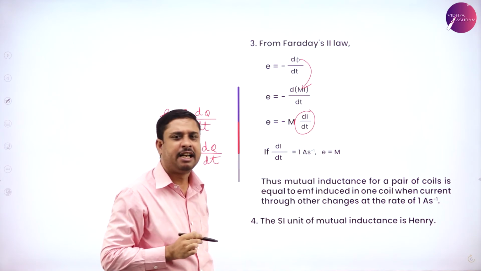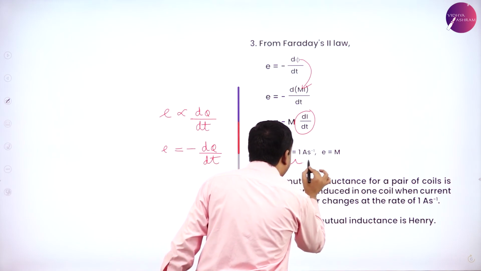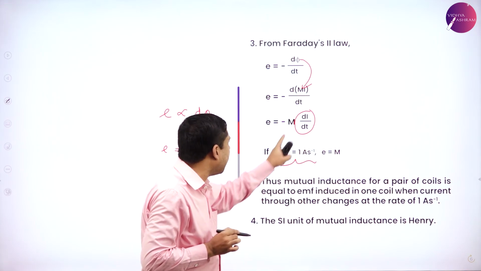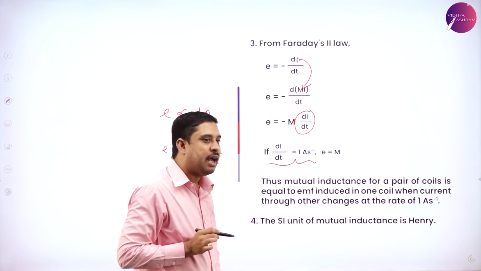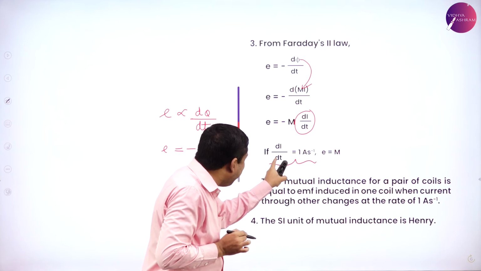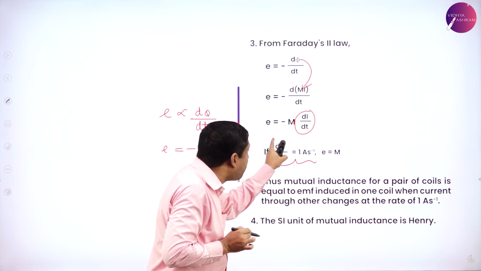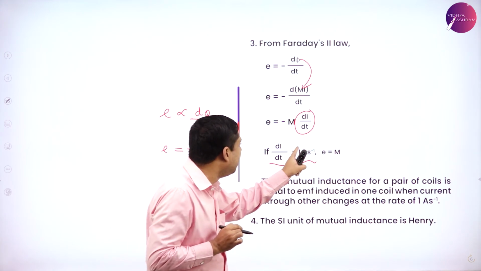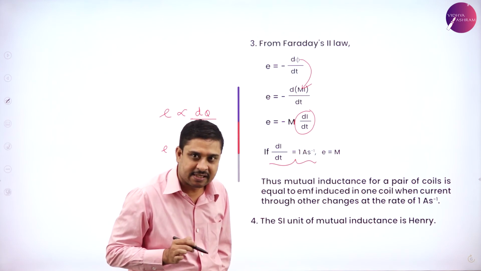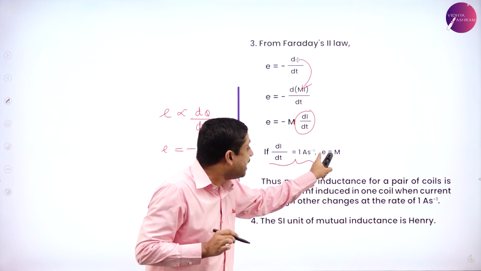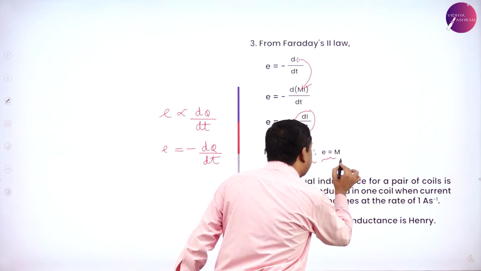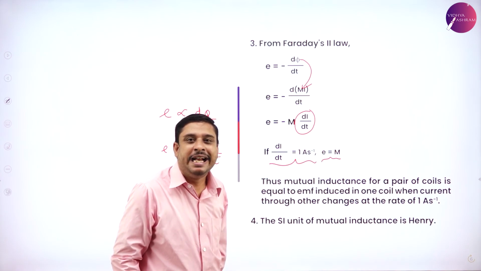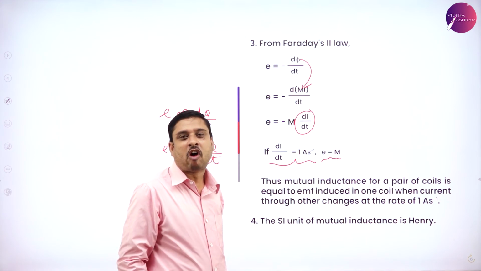Now, as we did earlier, if di by dt, the rate of change of current across the primary coil, is 1 ampere per second, then the EMF induced in the secondary coil is called the mutual inductance between the pair of coils.